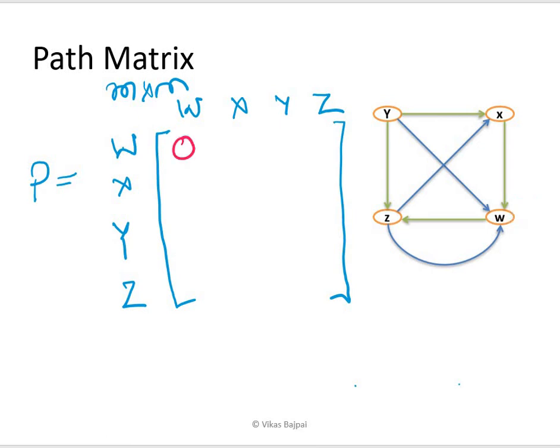Is there a directed arrow from W to X? No. W to Y? No. W to Z? Yes. Is there a path from X to W? Yes. X to X? No. X to Y? No. X to Z? No.